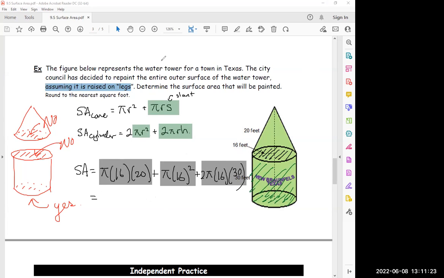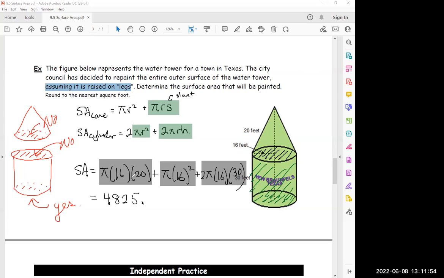And if you were to calculate it all, I actually did not get to this part in the answer key, so I'll have to do it manually. Times pi plus pi times 16 squared plus 2 times pi times 16 times 30 gives me approximately 4,825.48.